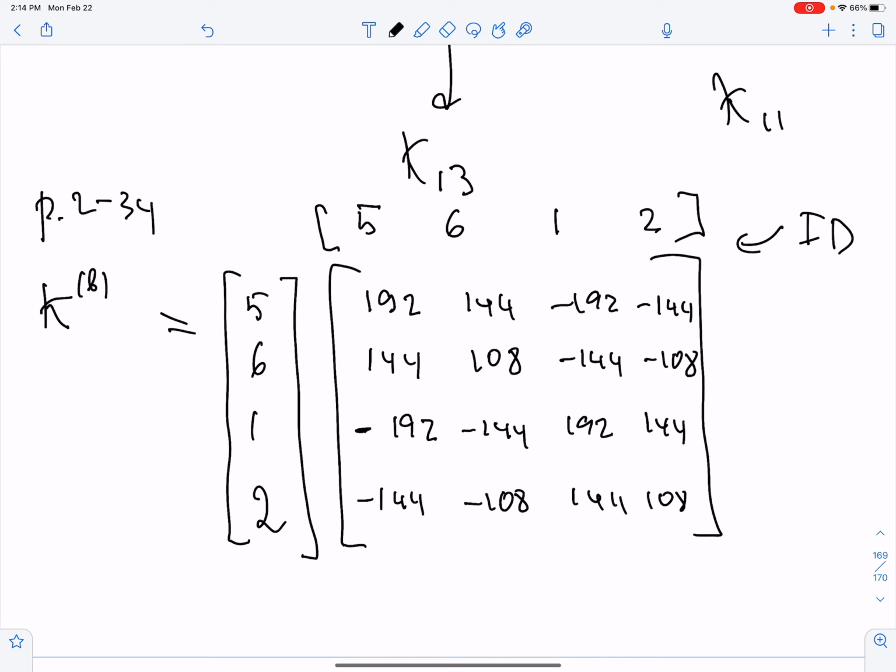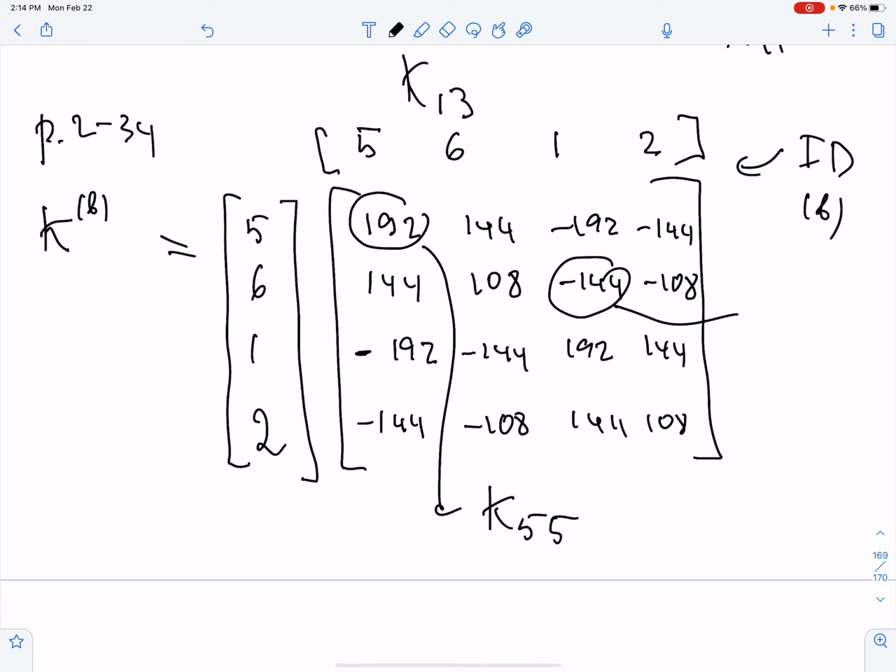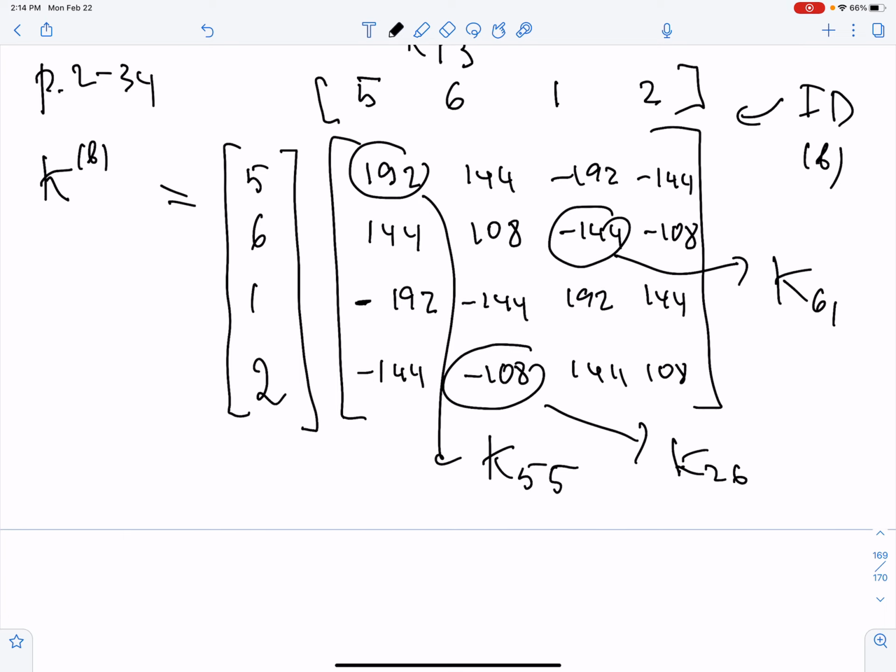So this is the ID of the element B. And then every one of the entries is going to make it into the structure stiffness matrix. So for example, this guy will go into K55, this guy will go into K61, this guy will go into K26, and so forth.